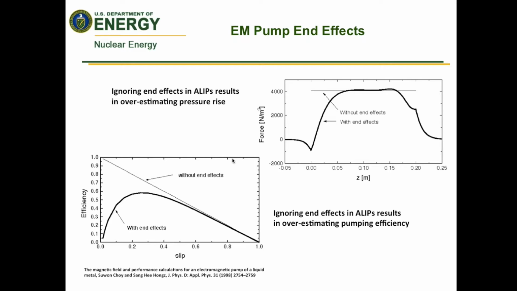Then also the bottom left graph, looking at the efficiency of these pumps, that would be quite overestimated, I'm sorry, if you didn't take end effects into account, so if you ignored this.